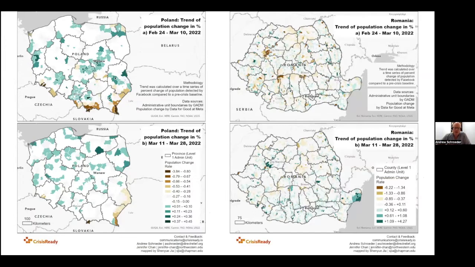What we've been doing at Crisis Ready is looking at data that was made available for the countries bordering Ukraine, through the Data for Good program at Meta through the COVID data sharing arrangements.